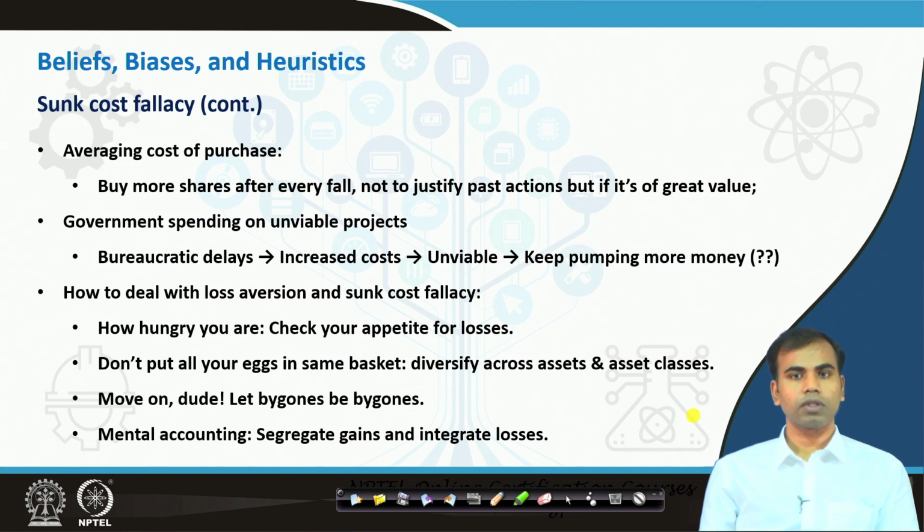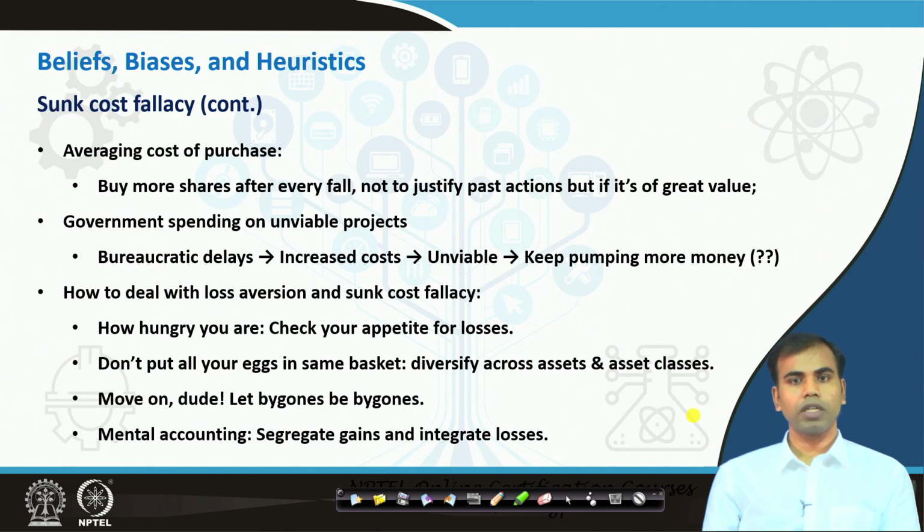And of course, to counter one behavioral bias, you would rather apply another behavioral bias, known as mental accounting. We have discussed that mental accounting helps us in segregating or integrating gains and losses.